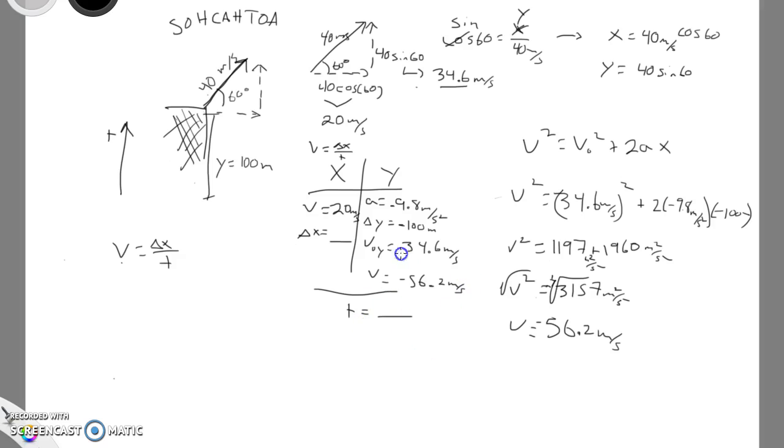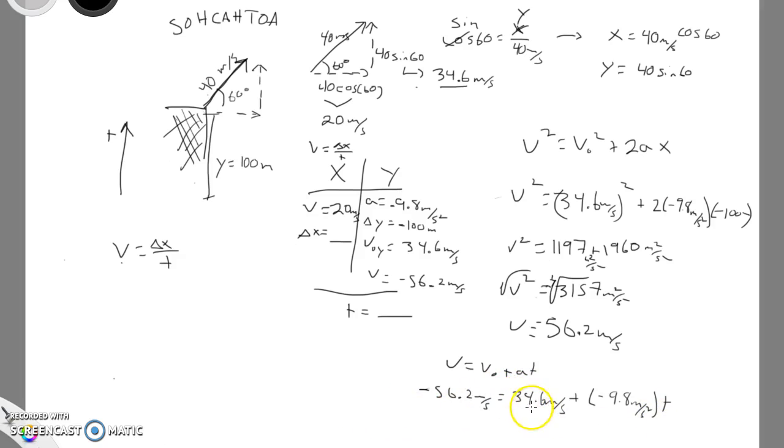Now I can find time using this equation. I'm going to substitute in negative 56.2 meters per second for final velocity. I'm going to put 34.6 meters per second for the initial velocity, and then acceleration will be negative 9.8 meters per second squared times t.